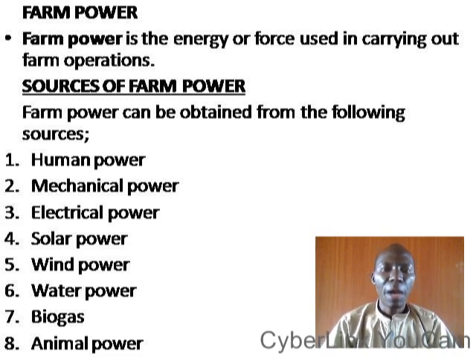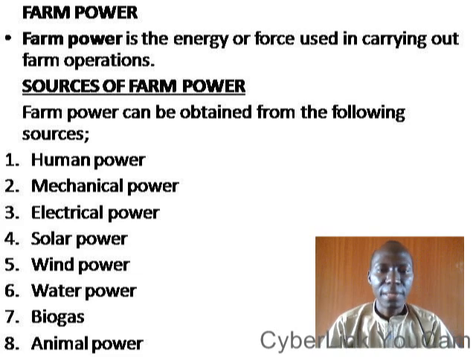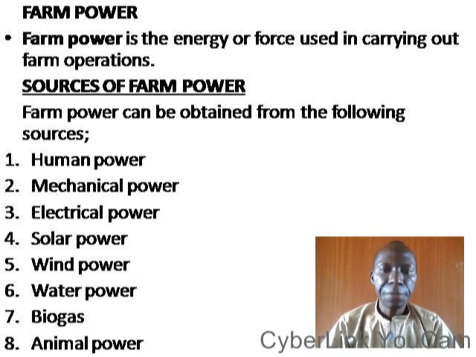If a farmer wants to do a farm work or any farm operations, it requires energy. For example, if you want to plow the soil, it requires energy. It will consume energy.